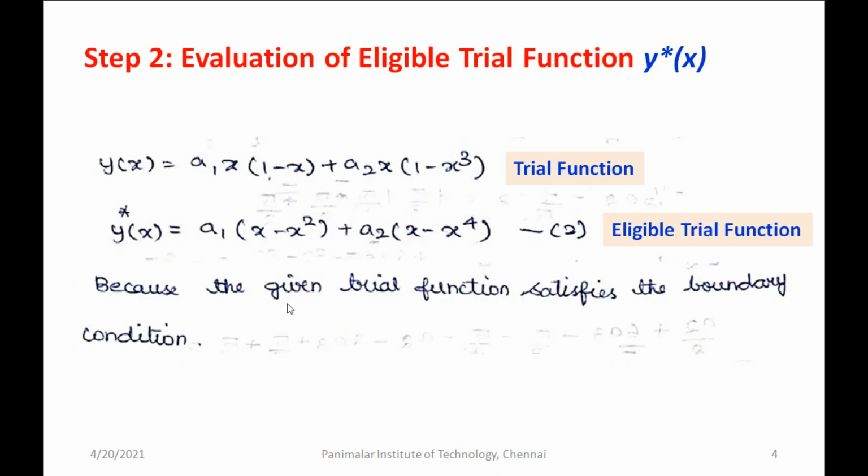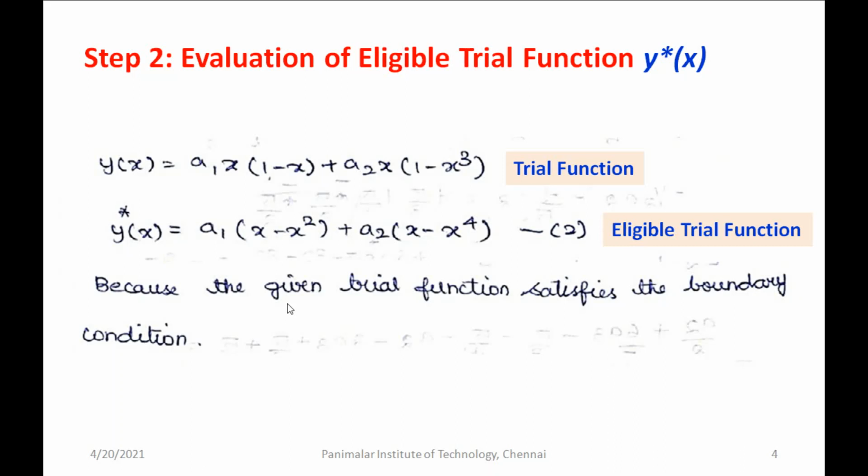In this case, the eligible trial function is rewritten like this: a1, we are multiplying the x inside the bracket, so a1 into x minus x square, plus a2 into x minus x to the power 4. Now suppose the trial function is not specified, we have to follow this rule. The minimum order of polynomial required to solve this problem is a second order polynomial.